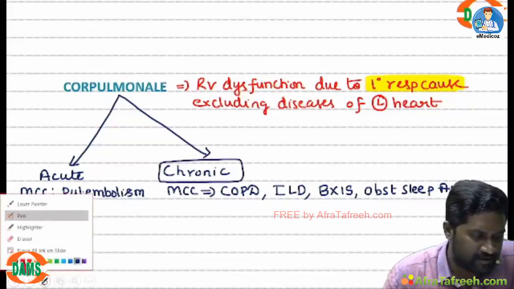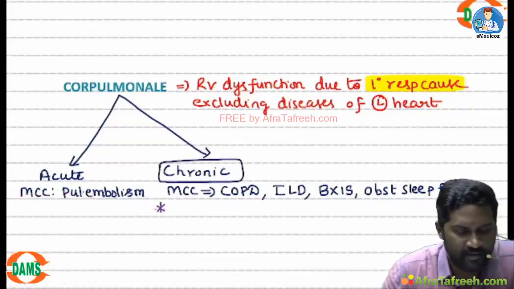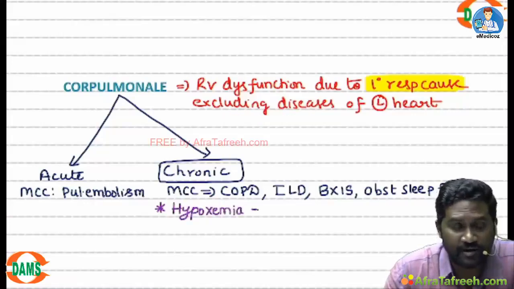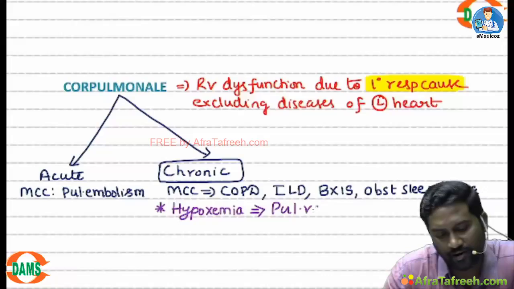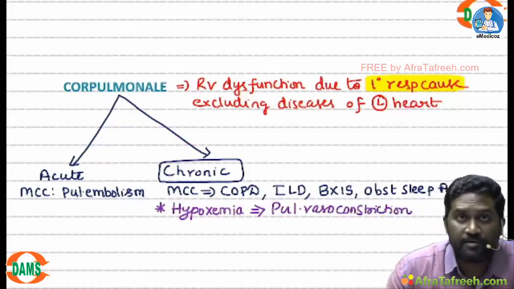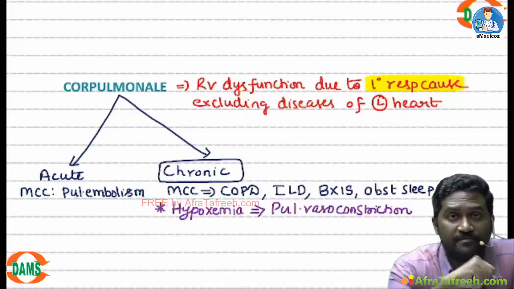The reason here is because of a long-standing respiratory disease, there can be hypoxemia. Hypoxemia in the long run can cause persistent pulmonary vasoconstriction. Whenever there is less oxygen, there are hypoxia sensitive potassium channels in the pulmonary circulation.